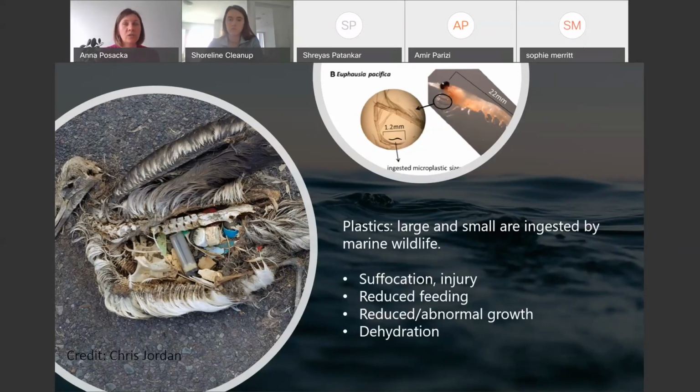To date, scientists have documented up to 300 marine species that are known to ingest large plastics. And on an individual level, that can lead to false satiation, suffocation, reduced growth, and so on. And of course, ultimately, death.